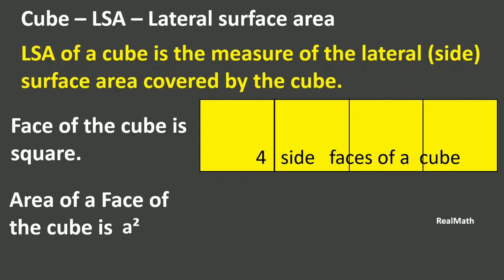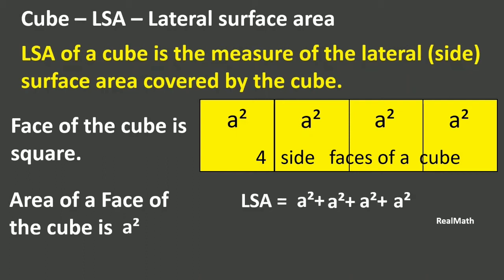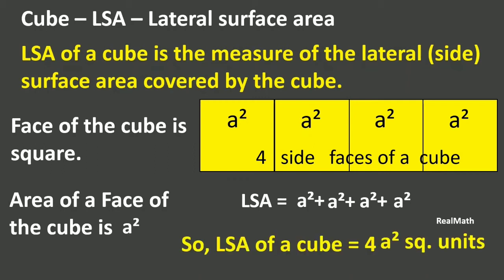Suppose if the side is A, then it is A squared. So, we have to sum all the A squared. How many A squared are there? 4. Only it is 4 sides. It has 4 faces. So, lateral surface area of the cube is equal to 4 A squared square units.